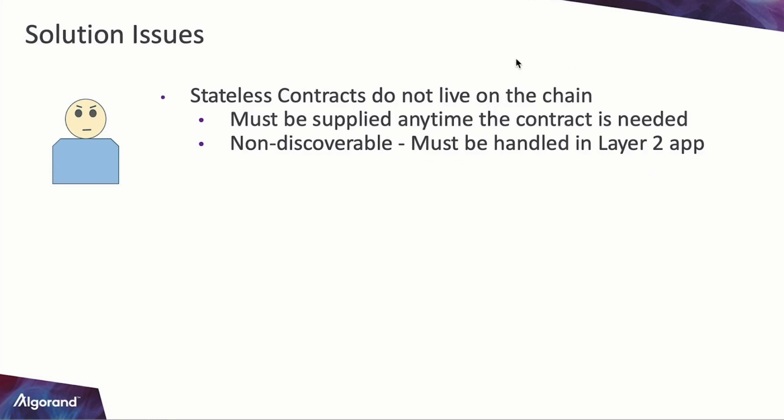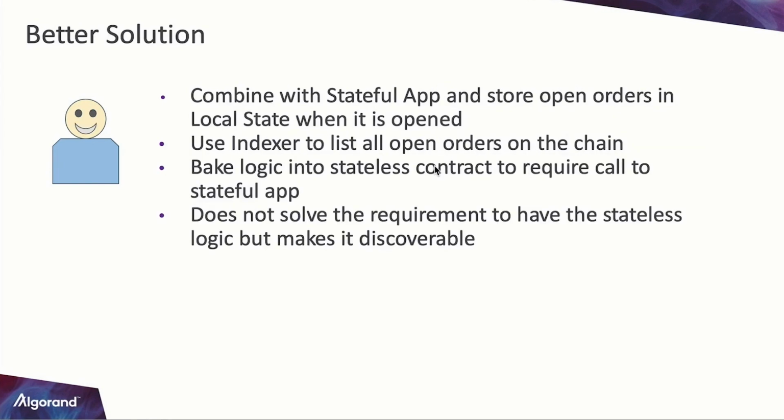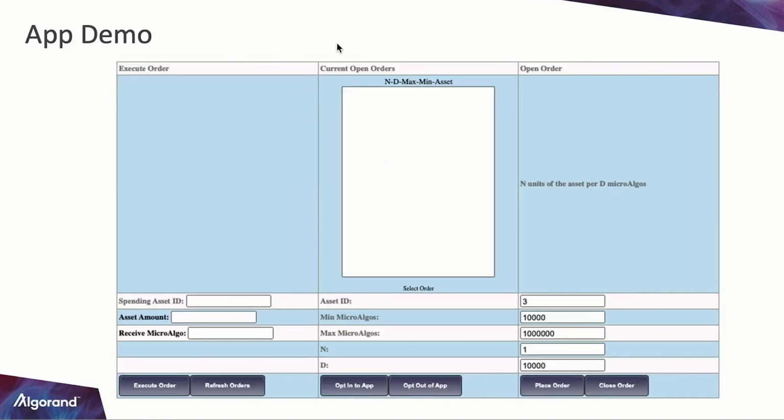The problem is it's not discoverable, and it must be handled by a layer 2 app. This again, it's not on the blockchain. So you bake in logic into the stateless contract, requiring a call to the stateful app. So the stateless one is going to call the stateful one. That's the scenario. It does not solve the requirement to have the stateless logic, but it does make it discoverable because now that particular contract is on it.